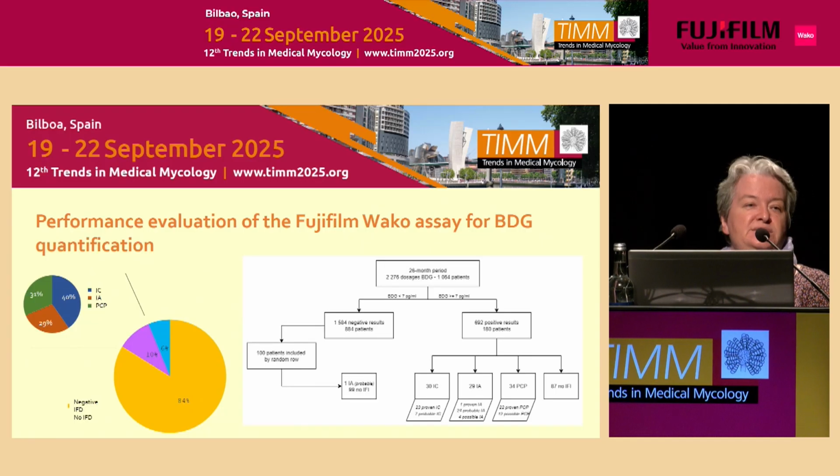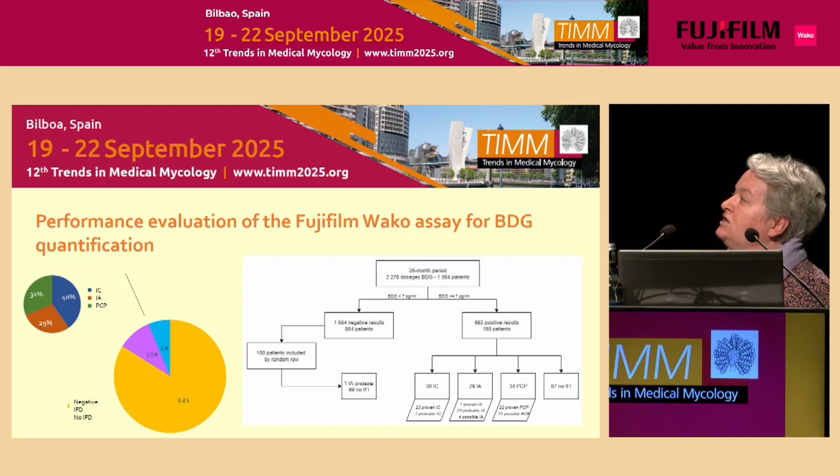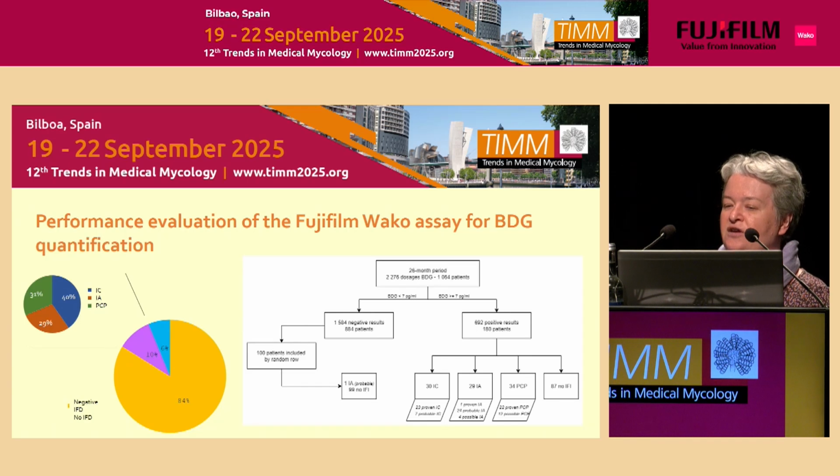Only 1 false positive was identified in a patient with a probable invasive aspergillosis. Interestingly, in this group, 2 cases of mucormycosis were identified, but the BDG remained negative as expected.